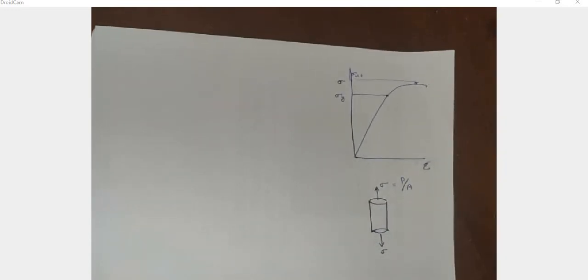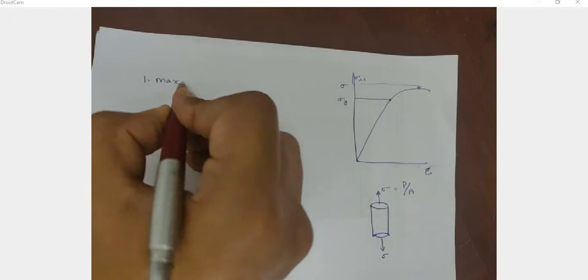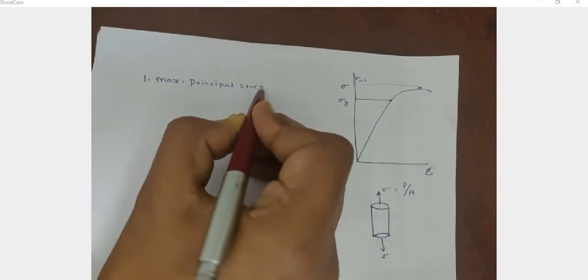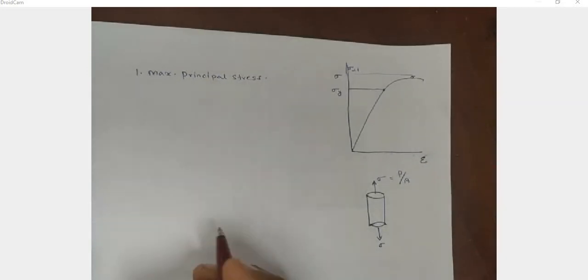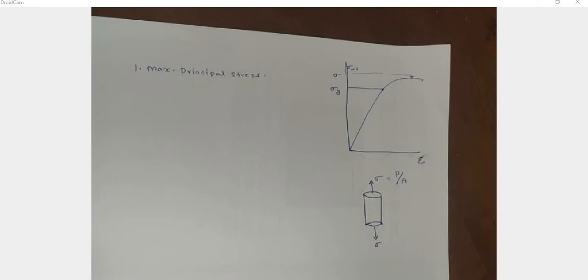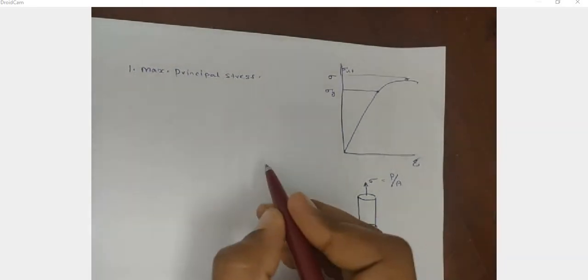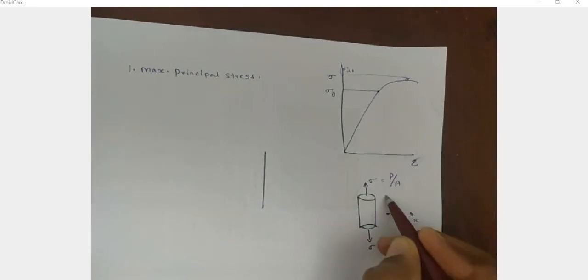Here in this member, when it is subjected to this type of stress, what is the maximum principal stress? First one is maximum principal stress. We can draw a Mohr circle, and from this we can calculate the principal stress. Here this is the x direction and this one is the y direction.